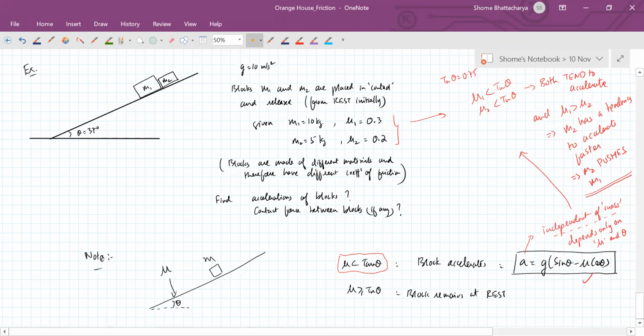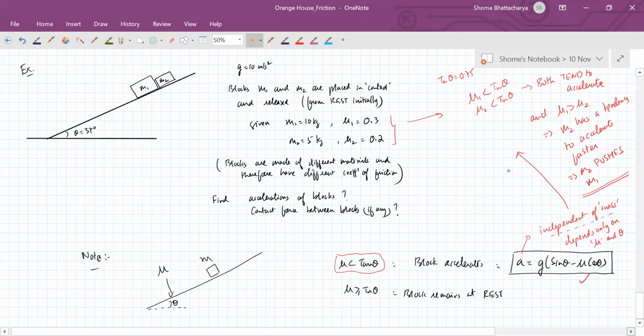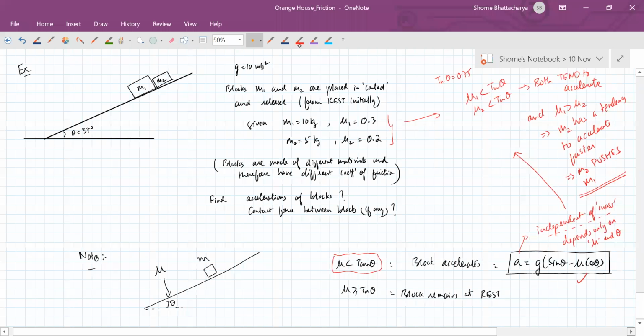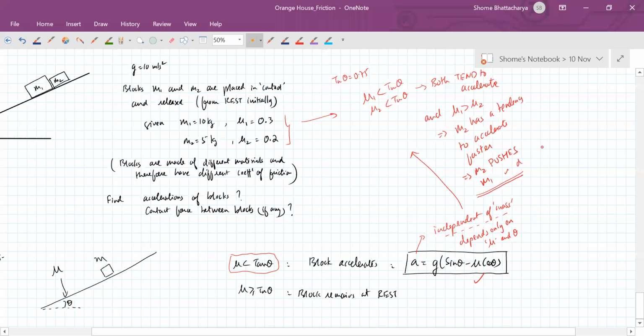So next we will solve the problem with that assumption, or with that result in mind. It pushes m1 and so they come down sliding together with common acceleration. Okay, so just note down this part, then we will solve this with the FBDs.